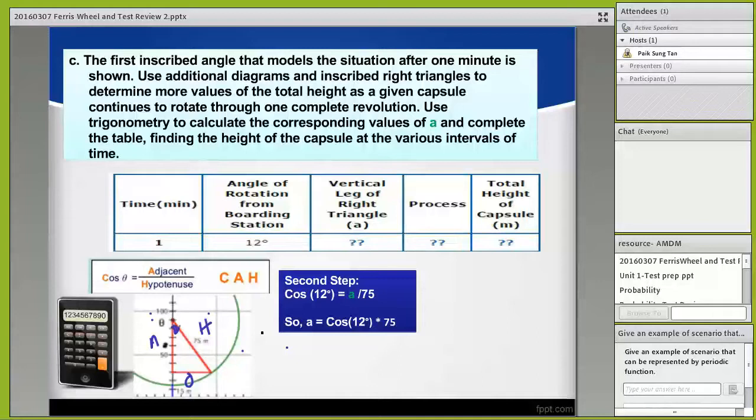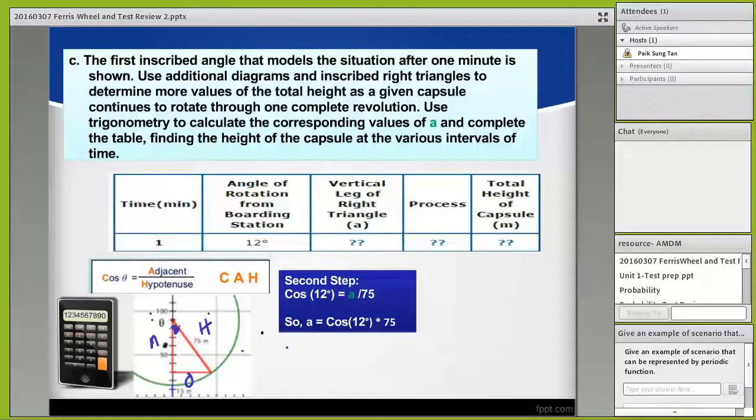Using the formula, cosine of 12 degrees is equal to the adjacent side right here over the hypotenuse, which is 75. The hypotenuse is the radius of the circle, which is 75.